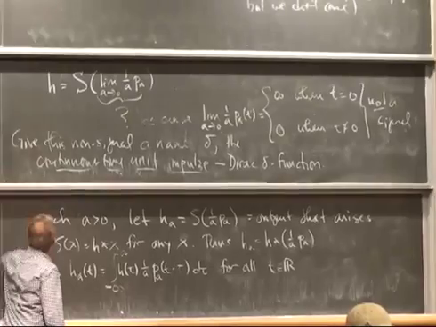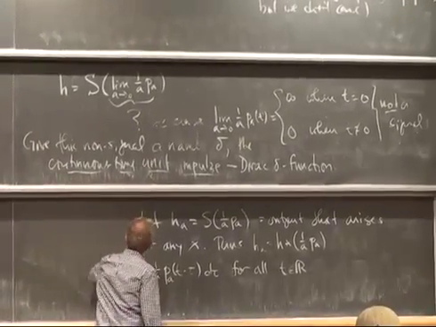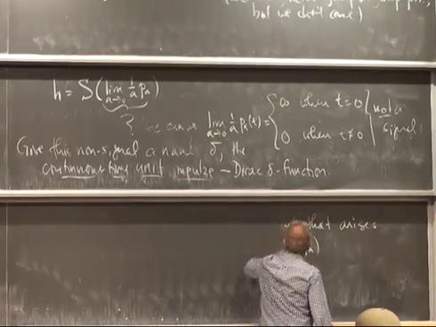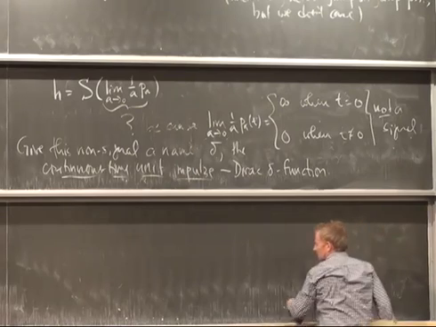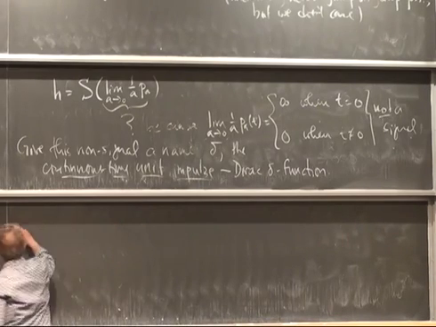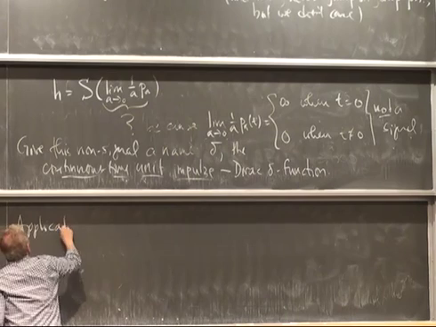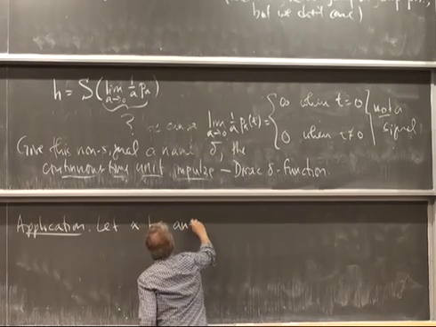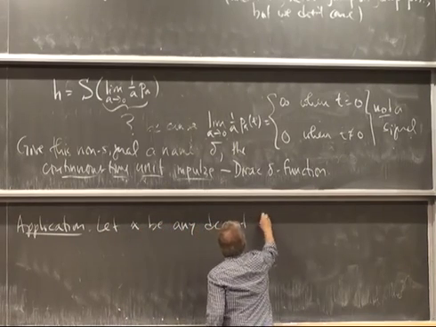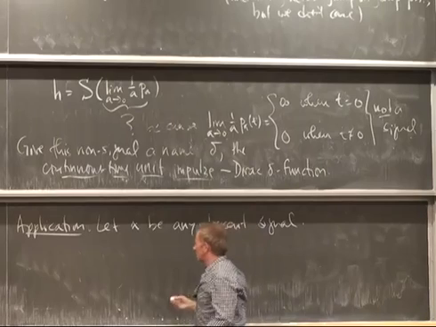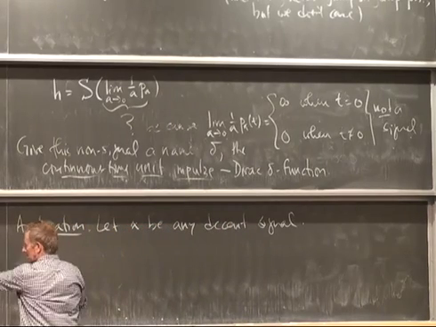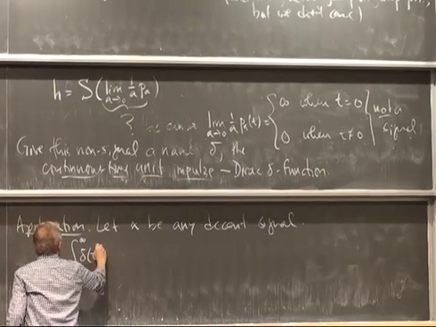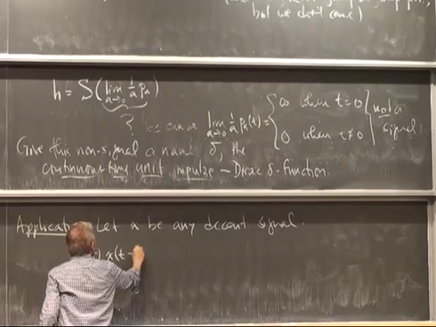Let's apply that. Let x be any decent signal. So here's an application. What I'm going to do is write down an expression that looks like this: integral from minus infinity to infinity, delta of tau, x of t minus tau, d tau.